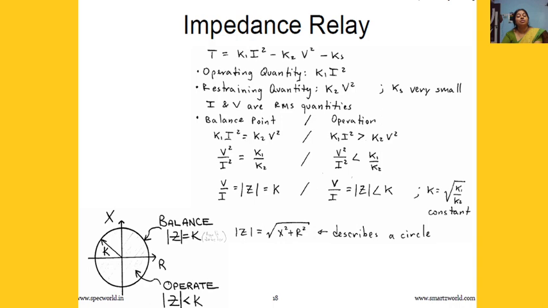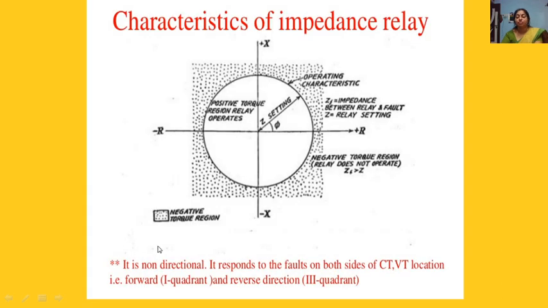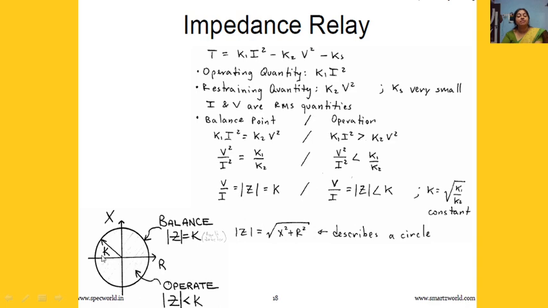It describes a circle. So the operating region is inside the circle while the restraining region is outside the circle. If the fault is in this region, the relay will operate. For a fault outside this circle, the relay will not operate. The operating region is inside the circle.